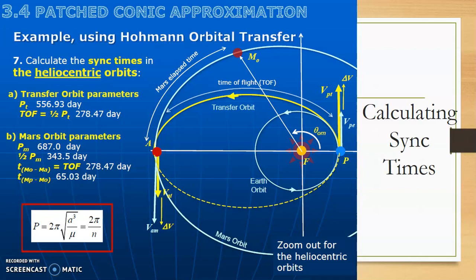Okay, next we use Hohmann orbital transfer again to calculate the sync time in heliocentric orbits. Why is it so important for us to calculate the sync time and sync position of the destination satellite? Here's the concept.